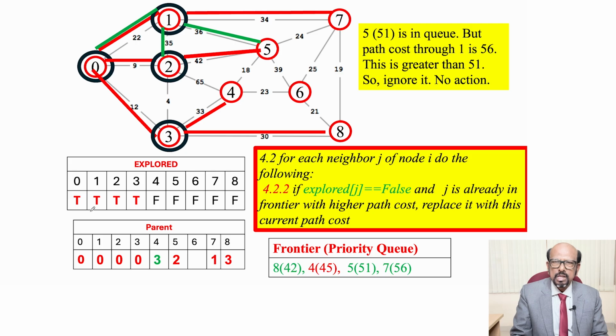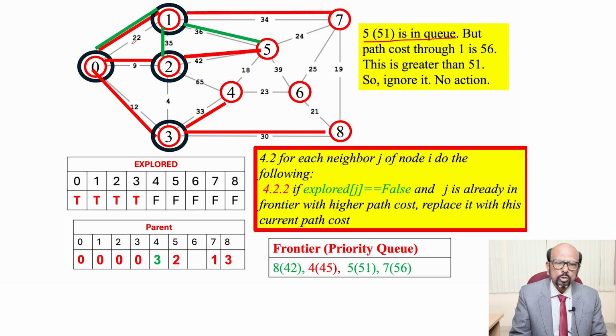4.2.2 says if there is any unexplored node in the queue with higher path cost. Look at it. So 5 is in the queue. 5 is the neighbor of 1 with the path cost 51.